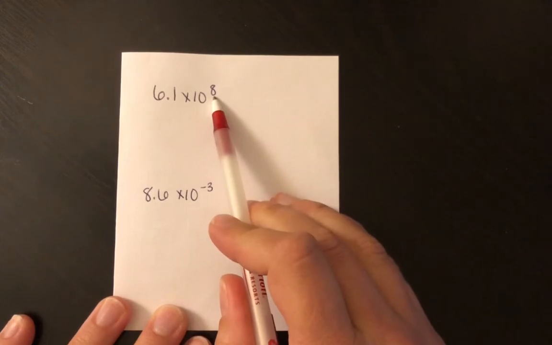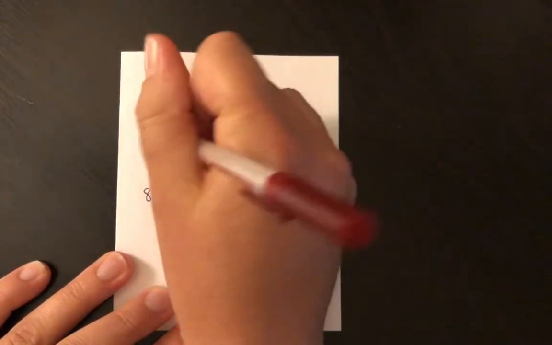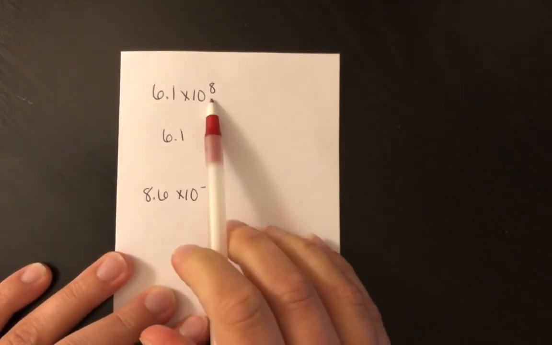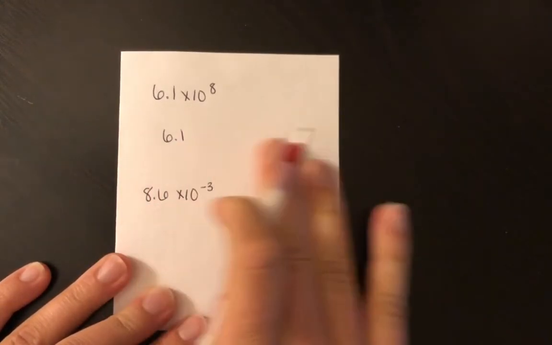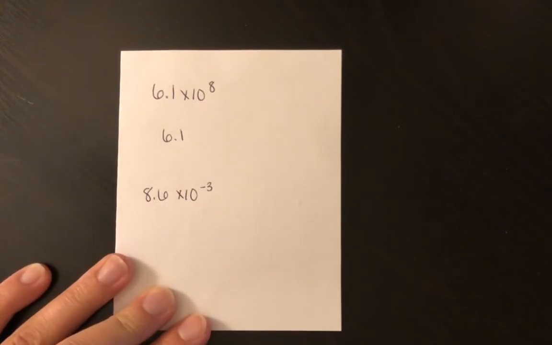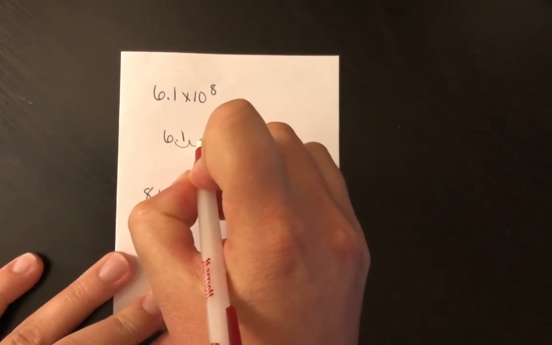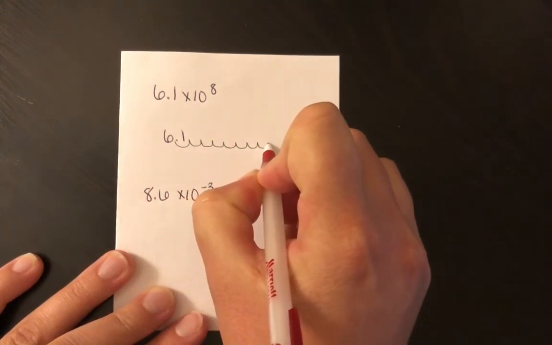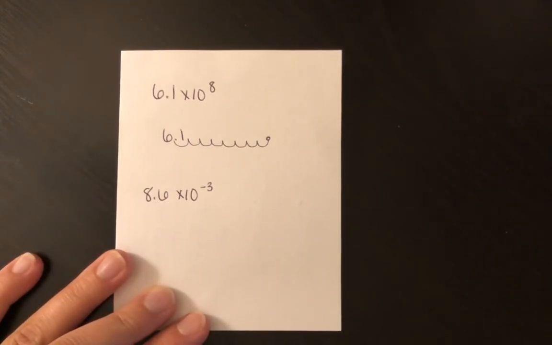For this example, I have a positive 8, so I need to move the decimal 8 times. Start by writing your coefficient again. Since we know that we have to move it to the right, I give myself a little room to move my decimal. I'm moving it 8 times. 1, 2, 3, 4, 5, 6, 7, 8. My decimal would be there all the way at the end.